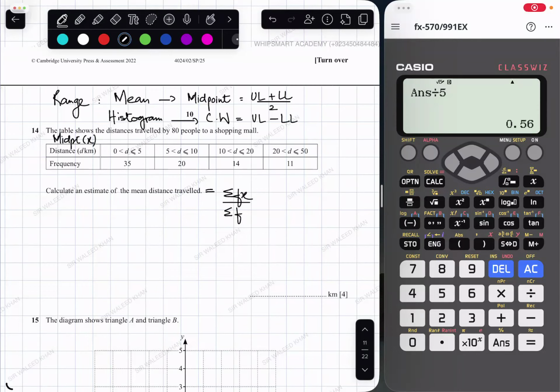which will be representing the value of x. So 5 plus 0 divided by 2, 2.5. This one should be 7.5. This one should be 15. This one should be 35. Now, this is x, this is f. So fx, I have another row for that. So 2.5 times 35, which should be 87.5.